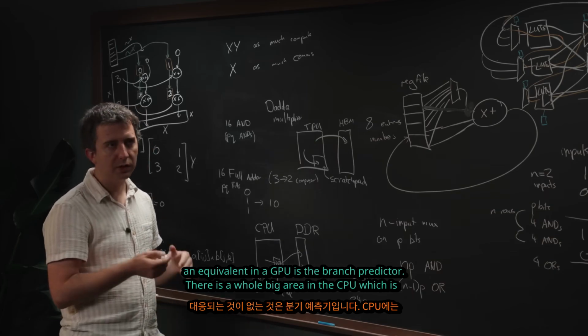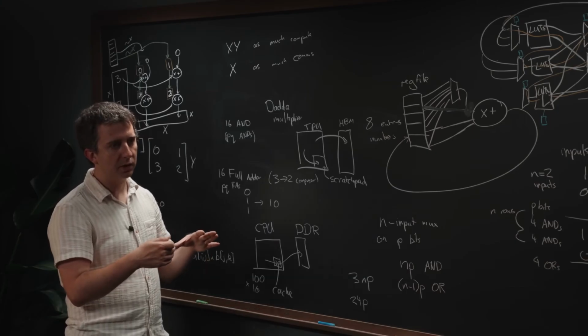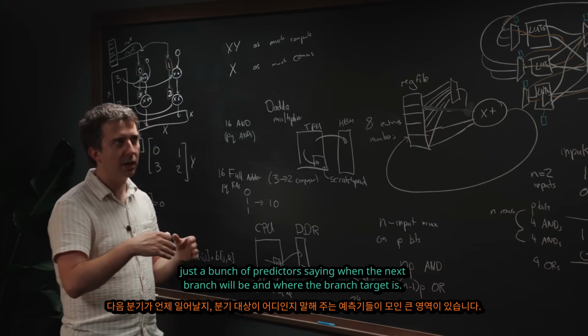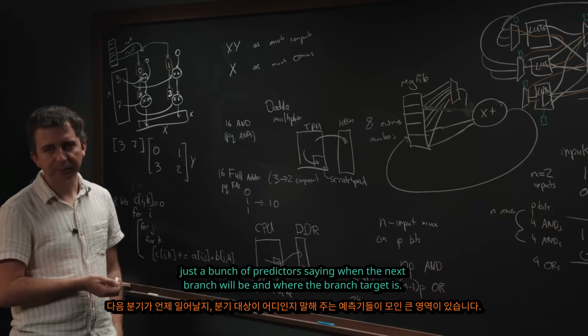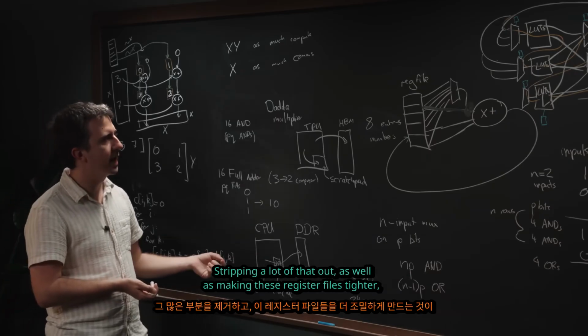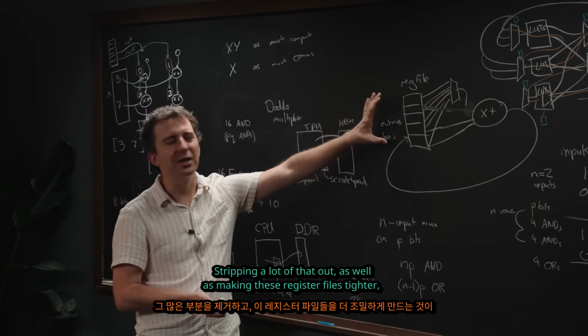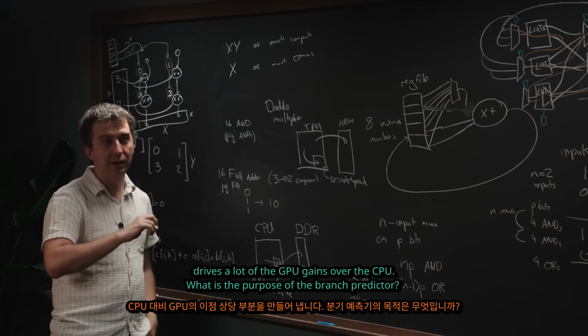There is a whole big area in the CPU which is a whole bunch of predictors saying when will my next branch be and where's the branch target for that. And so stripping a lot of that out, as well as making these register files tighter in a sense, is driving a lot of where the GPU gains.